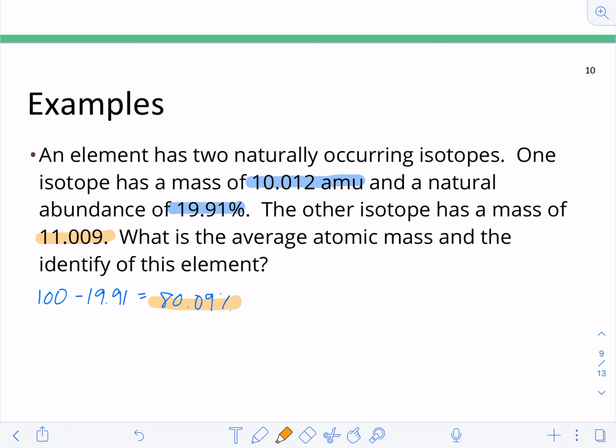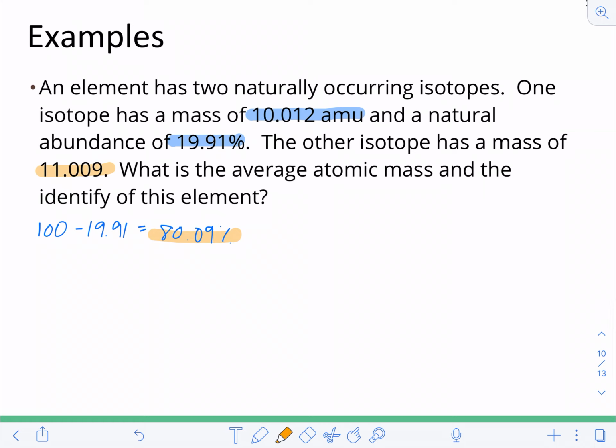Okay, now I can set up my calculation. I like to put each isotope in a different set of parentheses. So parenthesis, I'll do the blue isotope first. I take my mass, 10.012 AMU, times the percent abundance.